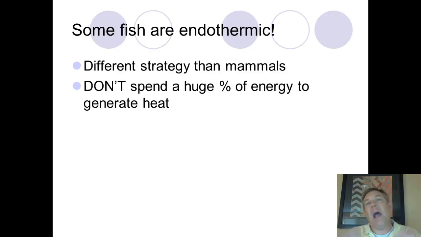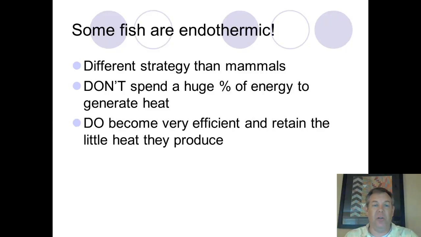You know, if your house is cold, you can either crank up the furnace, which is kind of what mammals do, or you can insulate your house a lot better and put more clothes on, and that's what fish do. They don't spend a lot of energy to create heat. They do become very efficient at retaining the little bit of heat that they do produce. So that's just, in general, what the endothermic fish strategy is.